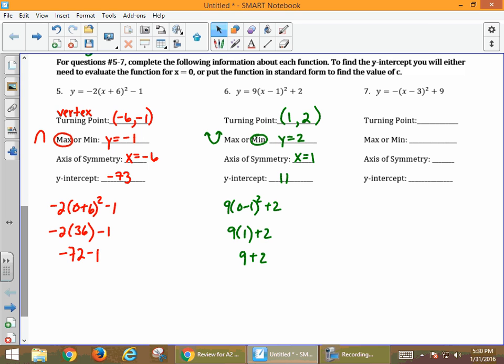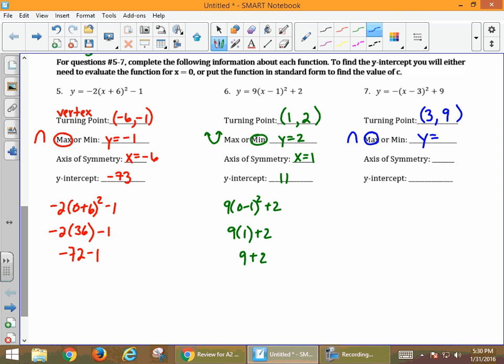Number 7, the vertex. I see x minus 3, so my x value is +3, and on the outside is a +9. In front of the quantity is a negative sign, tells me that it opens down. So I have a maximum at y equals 9.